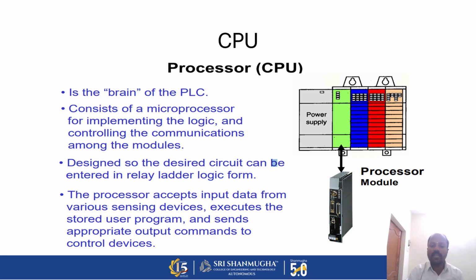The processor accepts input data from various sensing devices, executes the stored user program, and sends appropriate output commands to control devices. This figure shows the CPU and the modules connected to it.